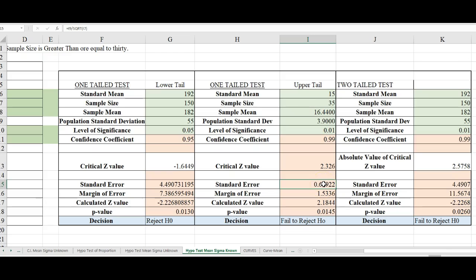Next, we calculate the standard error, which is simply sigma 3.9 divided by the square root of n, 35. The margin of error is the critical z-value multiplied by the standard error.